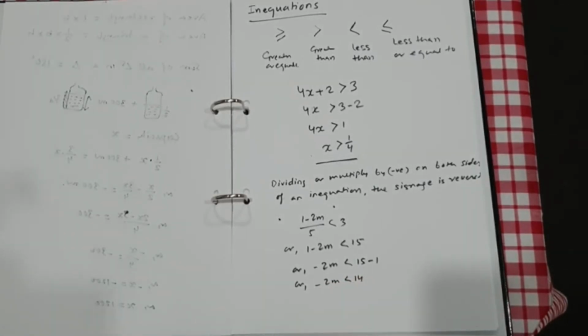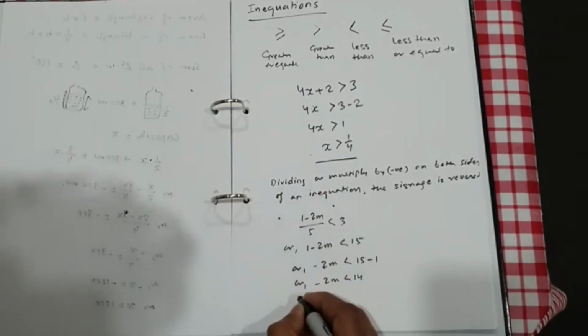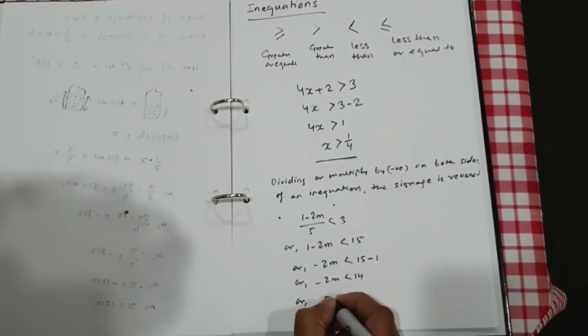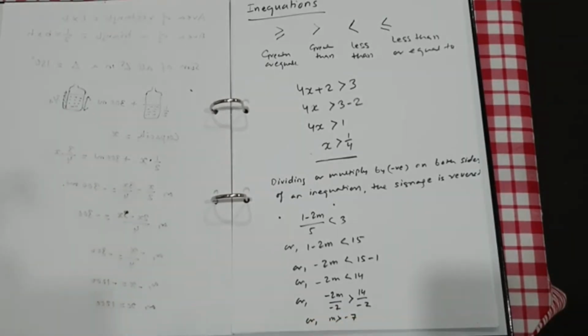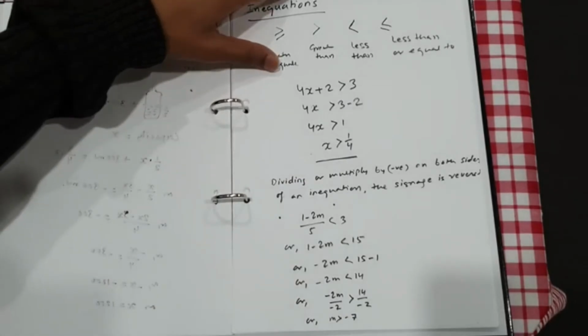It's okay till here. Now, because you have to divide by minus, dividing or multiplying by a negative quantity, you have to change signs. So you're dividing by minus 2 on both sides, so minus 2m by minus 2, this becomes greater than 14 by minus 2, or m is greater than minus 7. Right. So this is how we will demonstrate the value of m is greater than minus 7.